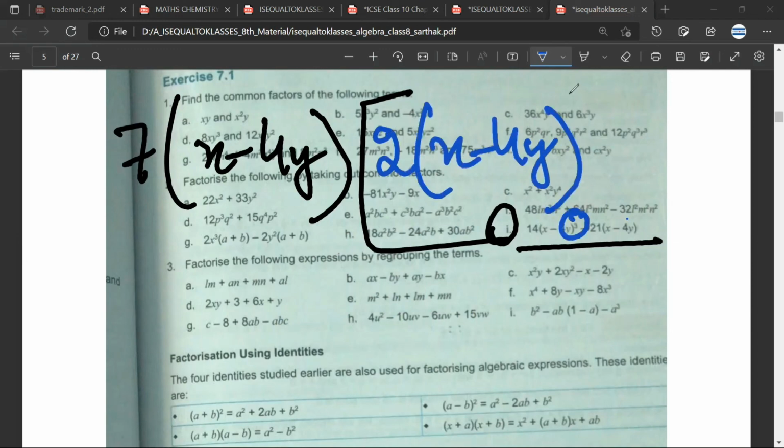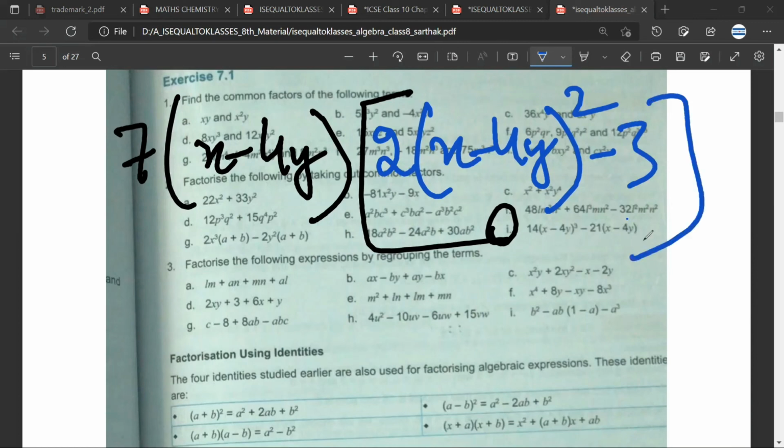Because this is cube, I'll have to write square. Any doubt? No, sir. And then because there is a minus, what should I write next, Mr. Sarthak? Minus 3. Only minus 3. Any doubt?